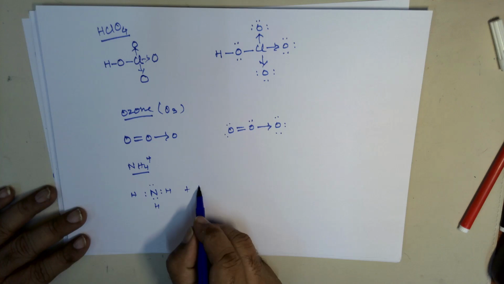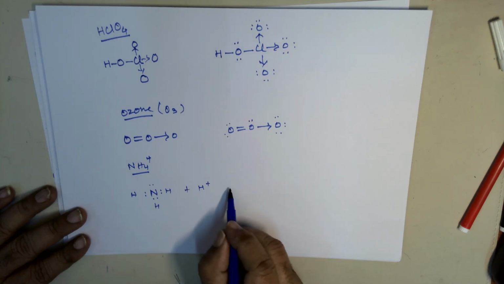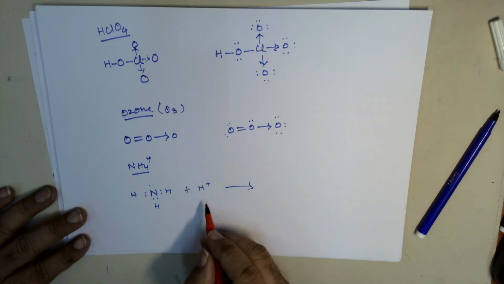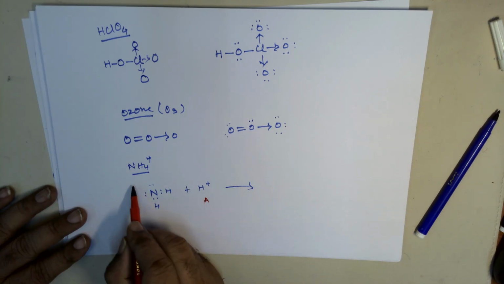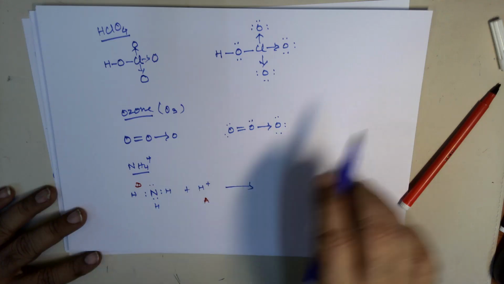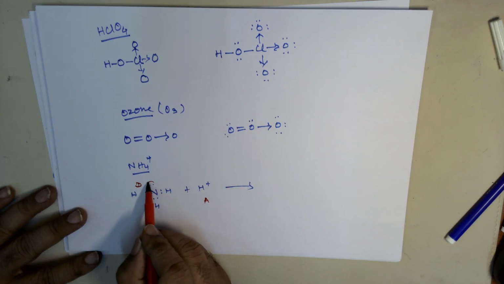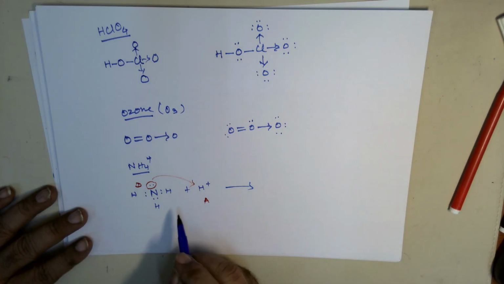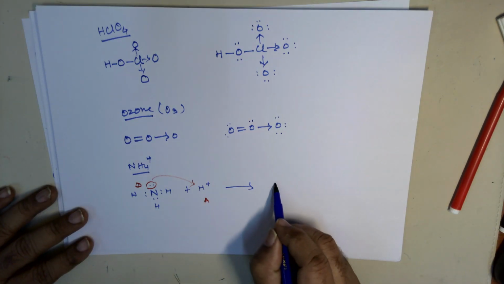Now, one H plus is going to add. So, which is the acceptor? H plus is the acceptor. Which is the donor? N is the donor, right? And it is going to donate a pair of electrons to H plus, right?